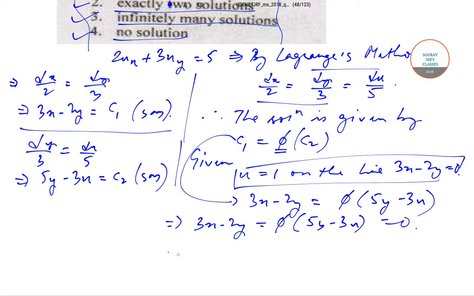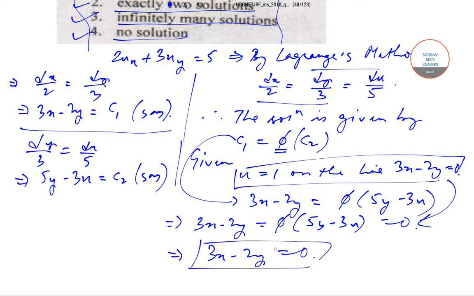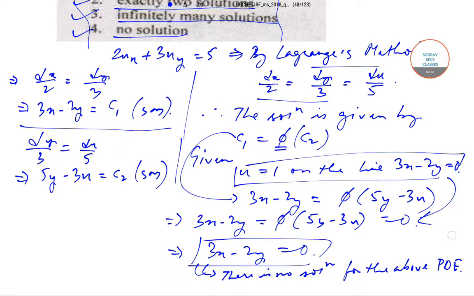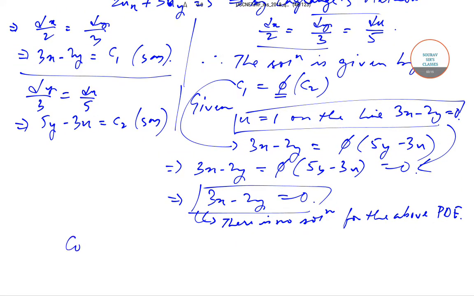And if this is equal to 0, that implies that 3x - 2y = 0, and this will imply that there is no solution for the above partial differential equation. So this is what we are getting. So the correct option is option 4.